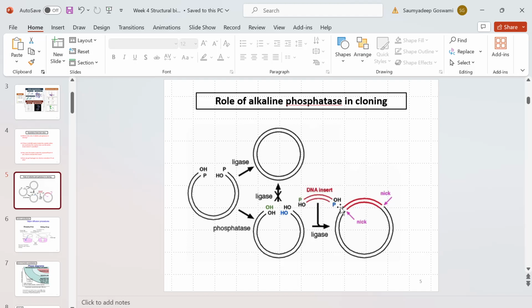If that type of insert is taken by the bacteria, not the self ligated vector, that bacteria cannot survive because it does not have the resistance gene, right? But if your vector is self ligating, then it has the antibiotic resistance gene, so that bacteria can survive and that can give you false positive colonies. So this whole strategy is for minimizing the false positive colonies, right?